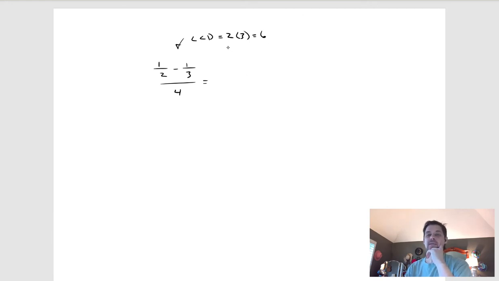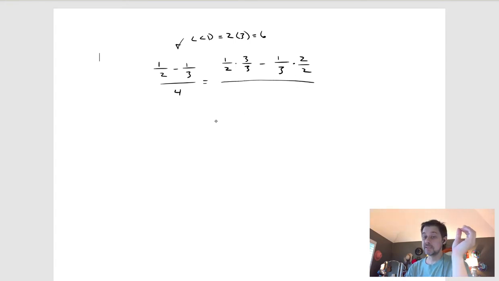The way I would do that is I would take 1/2 and multiply by 3 over 3, and then I would take 1/3 and multiply by 2 over 2. That's how I get that common denominator of 6. 3 over 3, 2 over 2. That'll get me over 6 in each case.